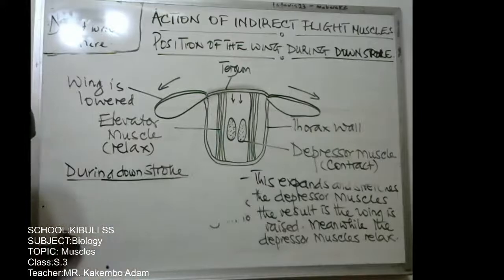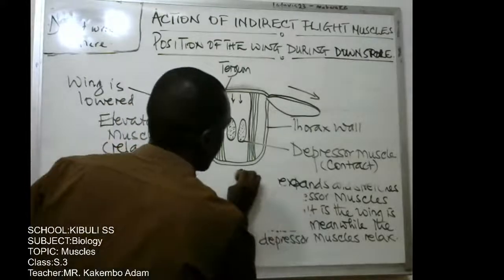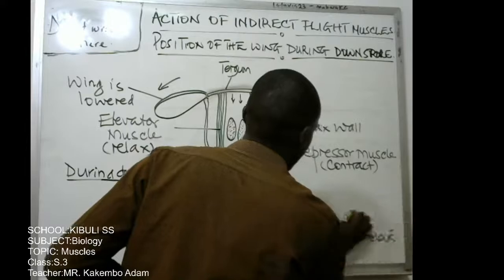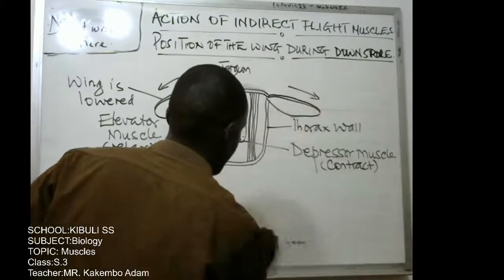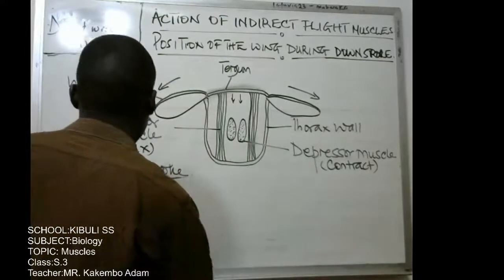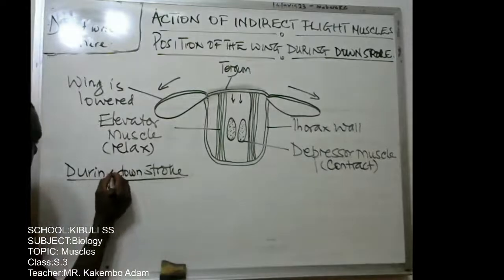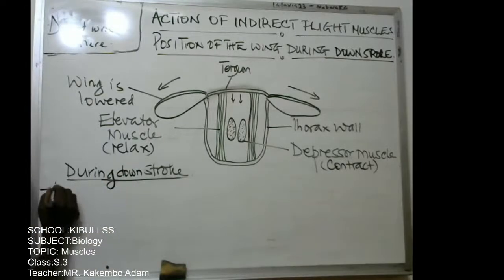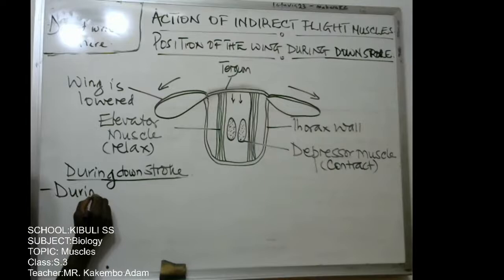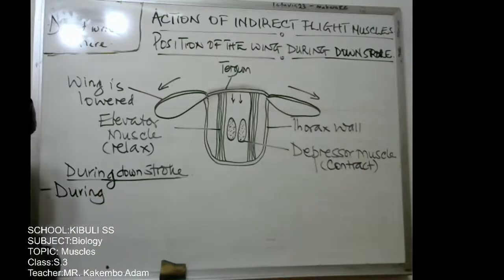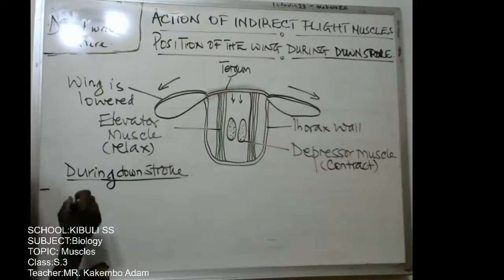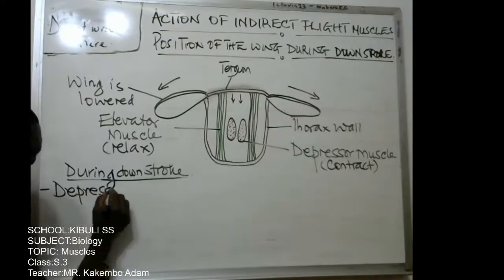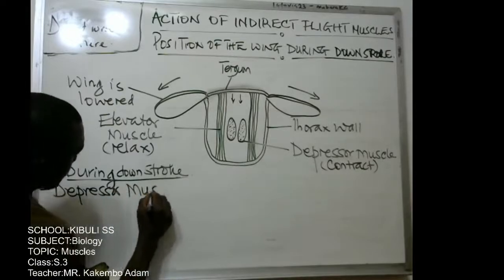During downstroke, the depressor muscles contract.